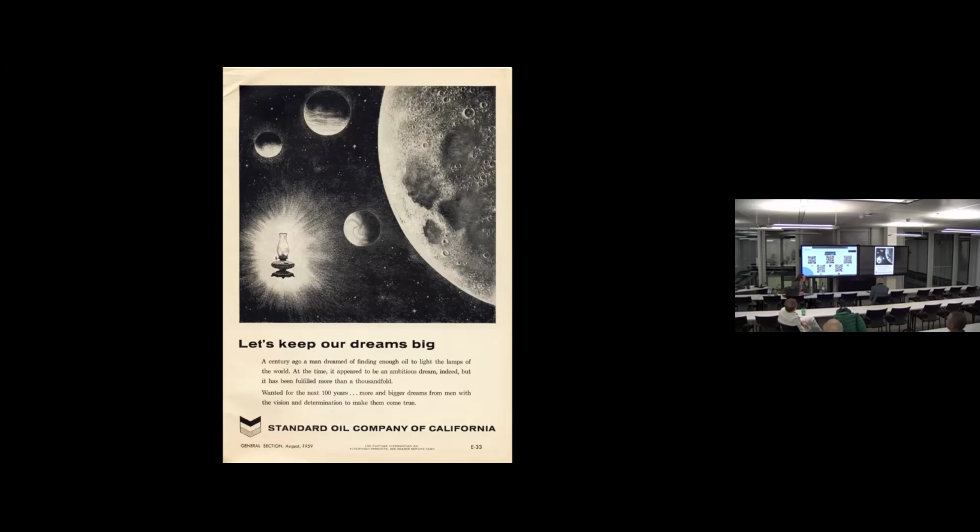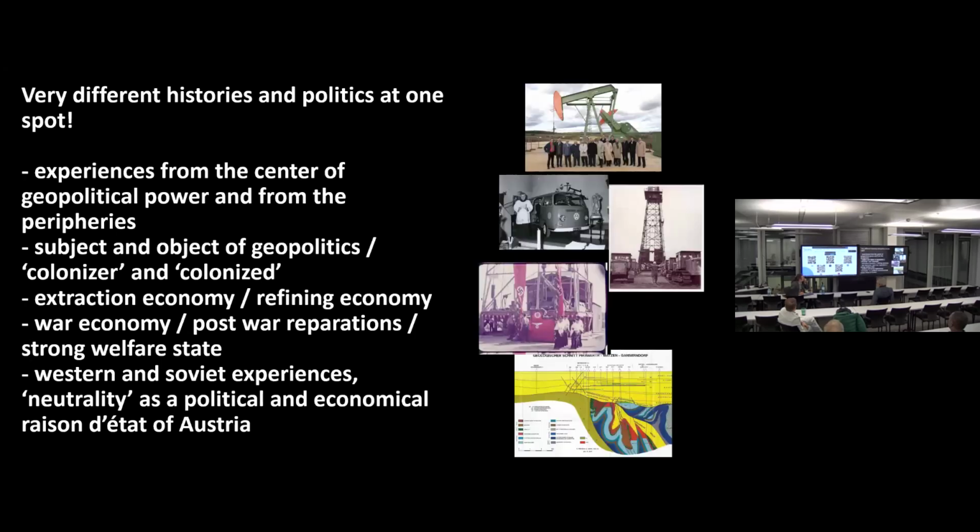So back, what big questions do we see? What planetary connections can we see here? And what I think is really interesting is that we have on one spot very different experiences with petromodernity, and also with what political systems this resource is put into.